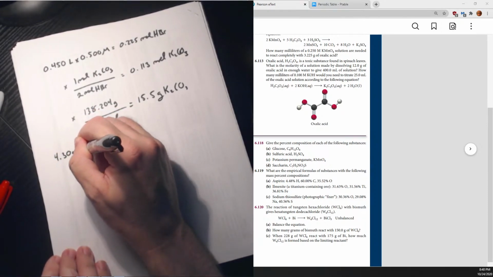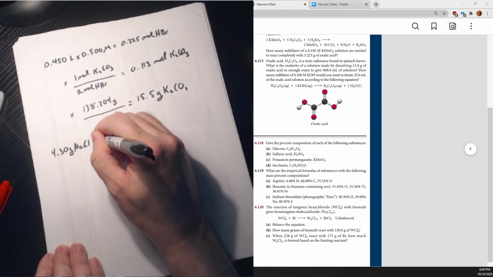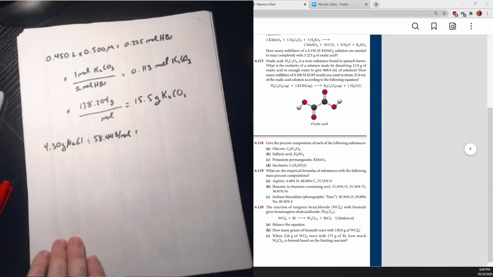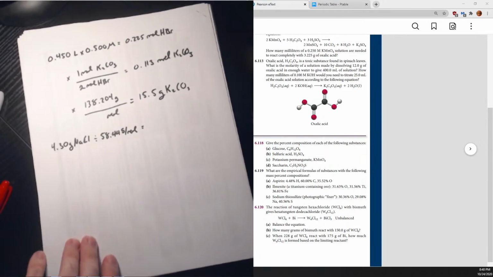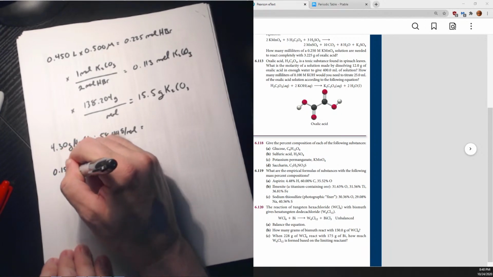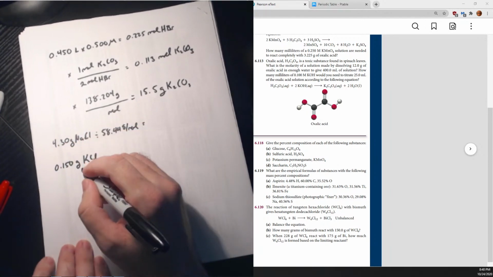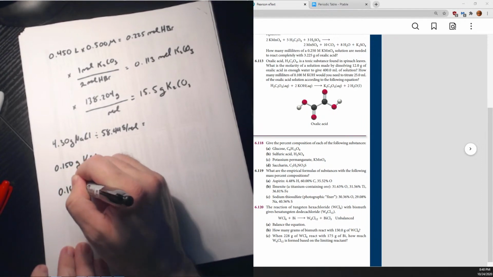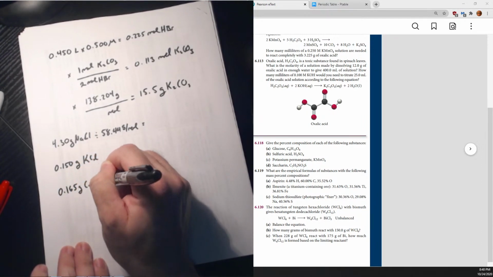4.30 grams of NaCl divided by 58.44 grams per mole. And then we have potassium chloride, 0.150 grams of KCl. And how much calcium chloride? 0.165 grams calcium chloride.